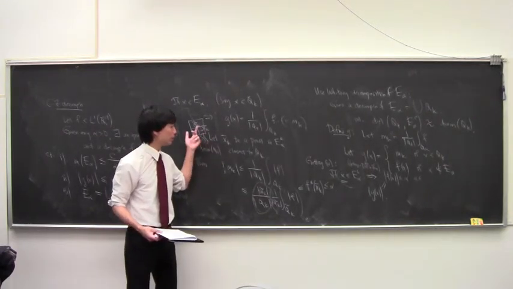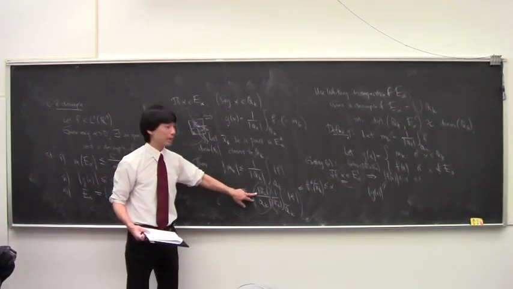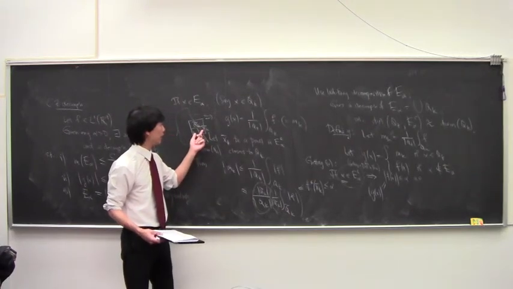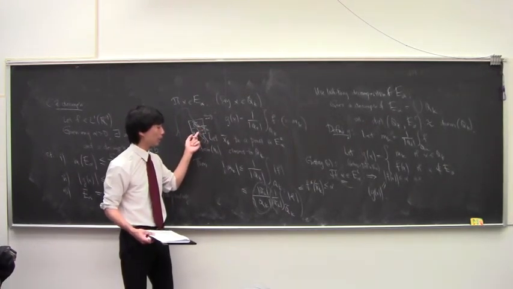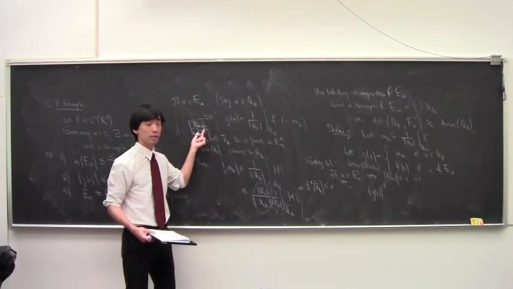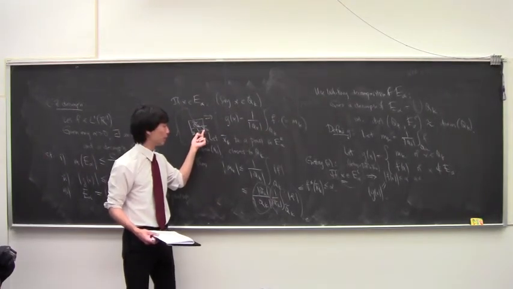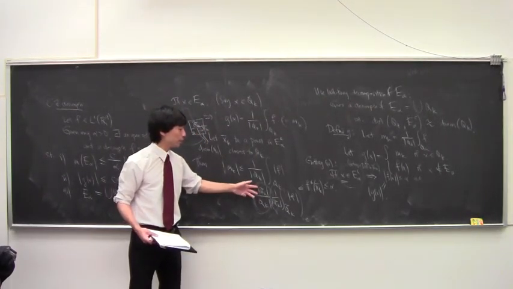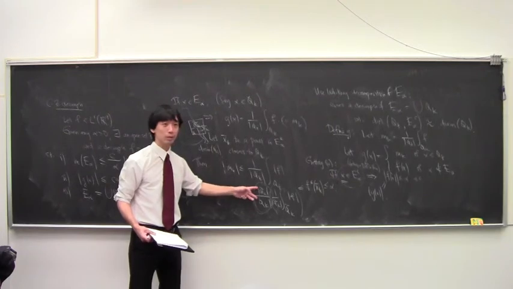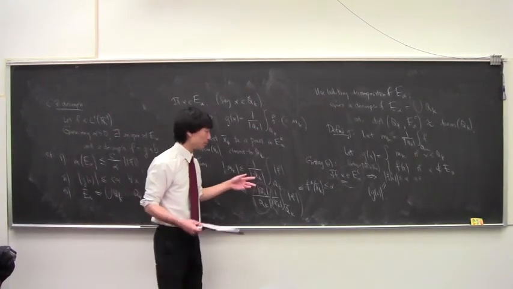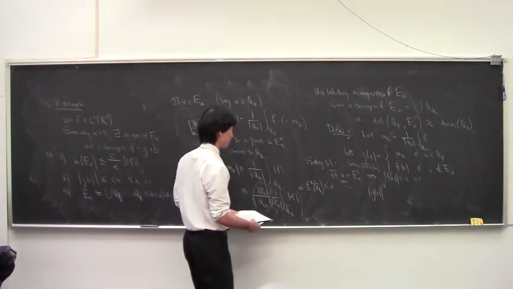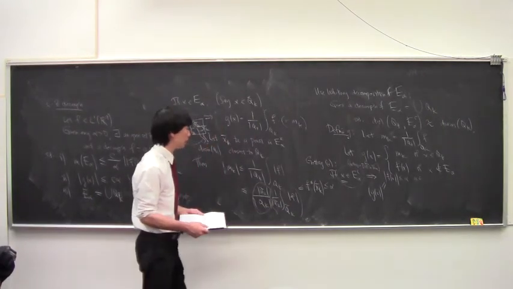In my picture, it's 4, because the distance of x k bar to Q k is comparable to the diameter of Q k. The ratio of these volumes is controlled by some universal constant.